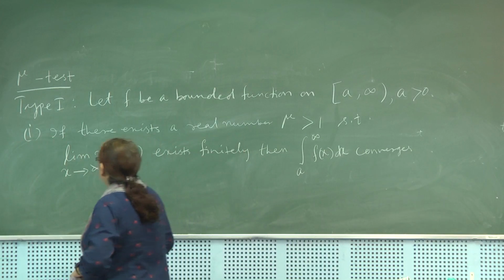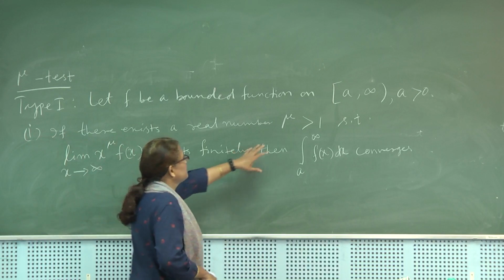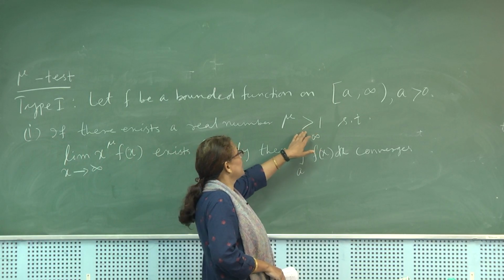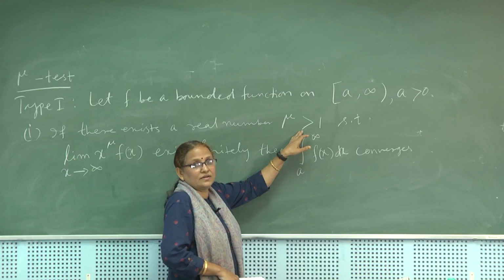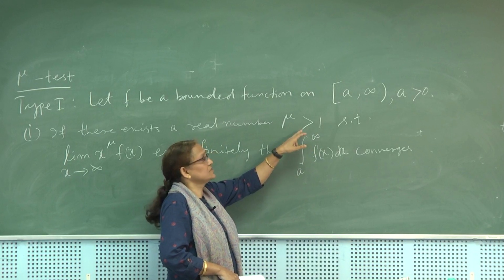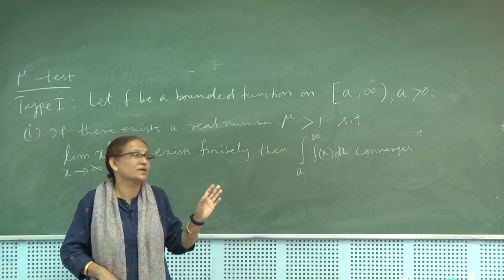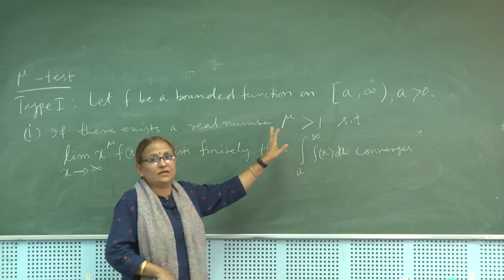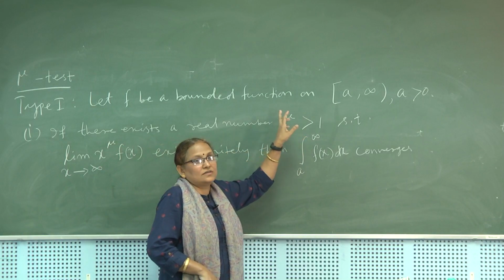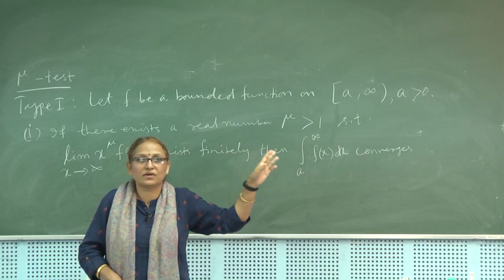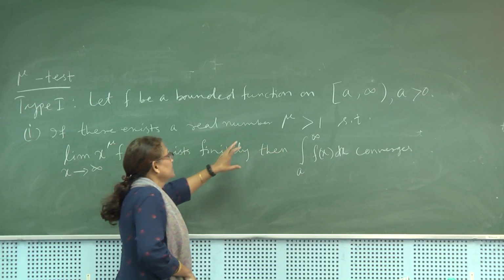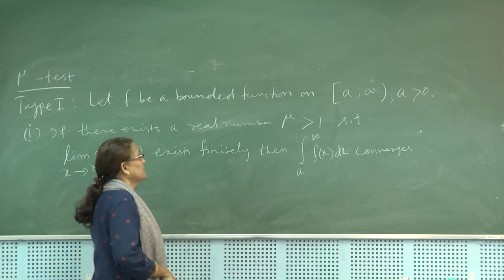Of course you recall that this mu is greater than 1, and this criterion should also be satisfied. We should not ignore it, this is very important. If mu is less than or equal to 1, then we will not have this kind of scenario.